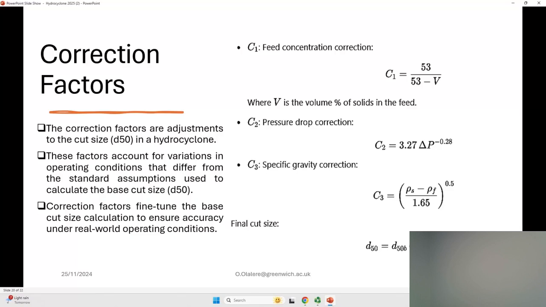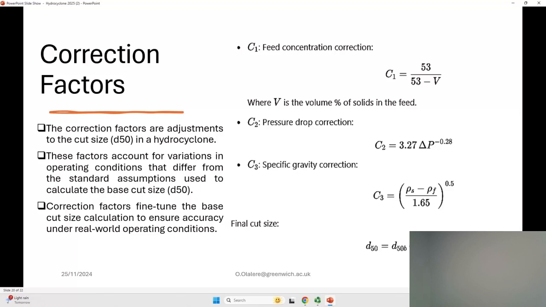This is just a formula. And at the end of the day, you will have the final cut size. So it means the cut point size you will have for your operation will be different from the one from the supplier, because you already introduced these corrections. So for you now, you say, okay, for my process, after using the correction factor, this is my cut point size. Most times, it's not actually the cut point size from the supplier that matters.